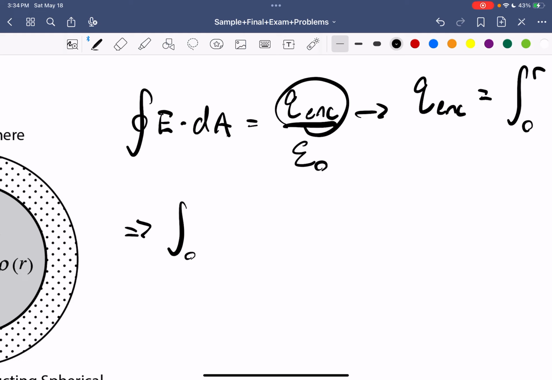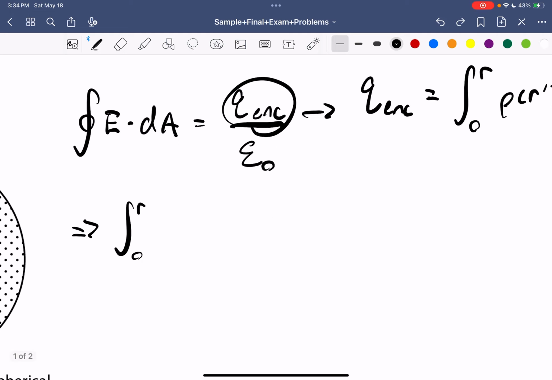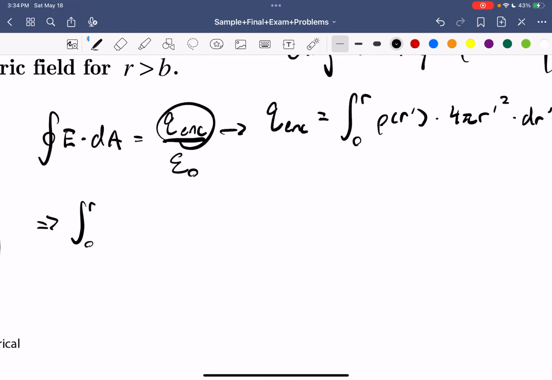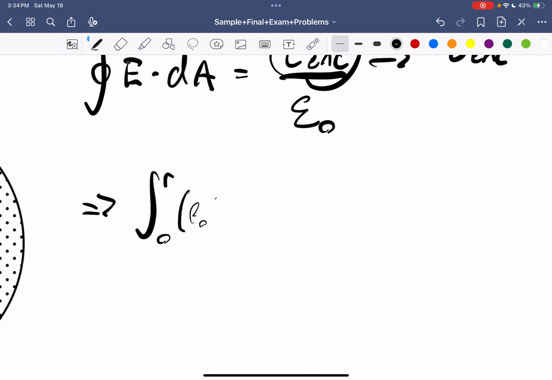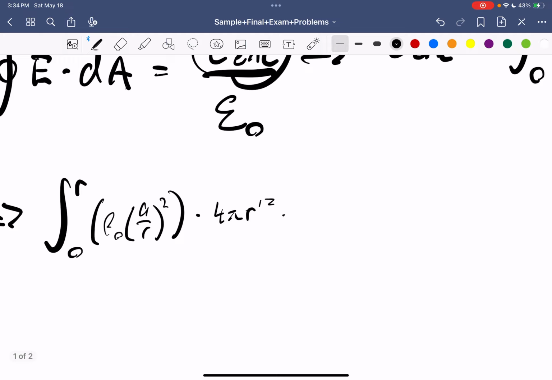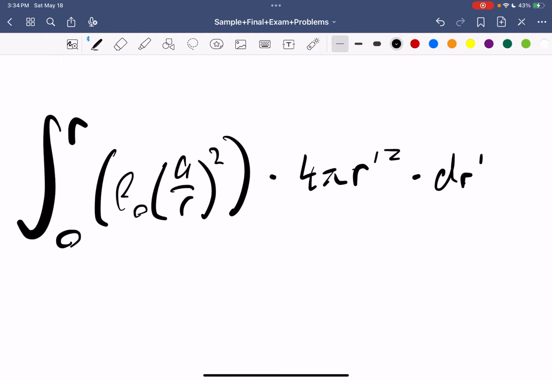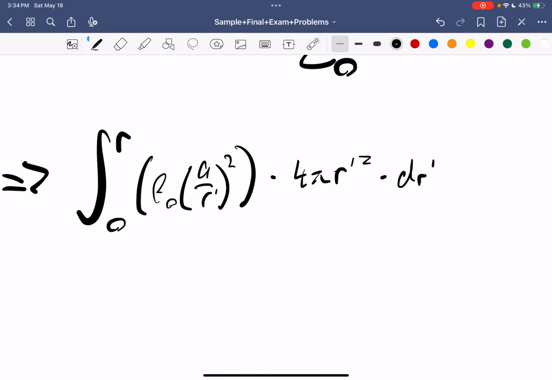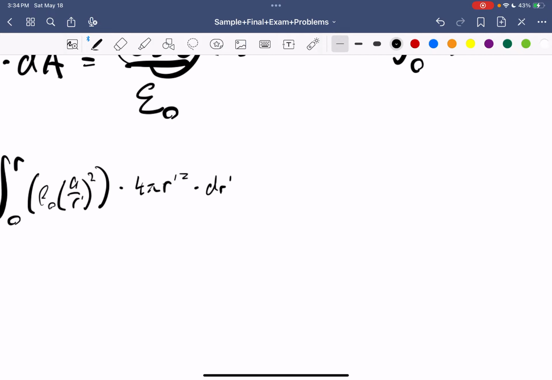It's going to be the integral from 0 to r of rho sub 0 a over r prime squared, times 4 pi r prime squared dr prime. I forgot to mention, let's remember to put the prime in the denominator on the r right there as well.